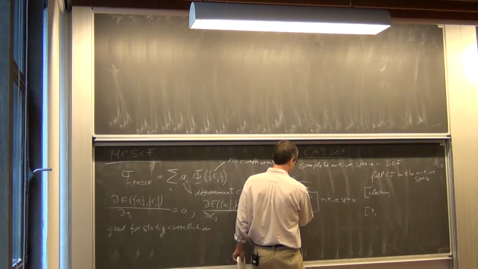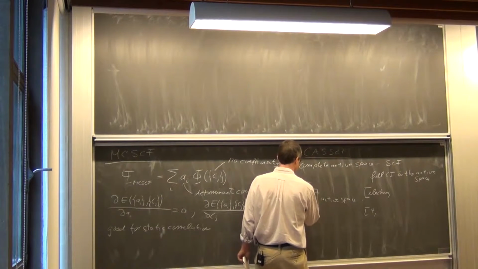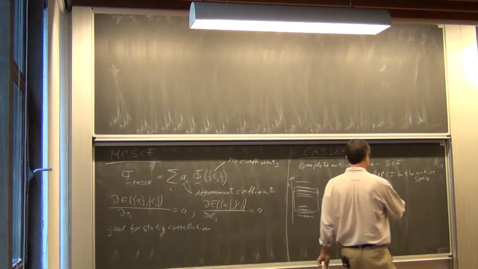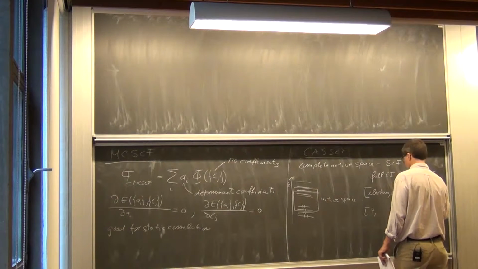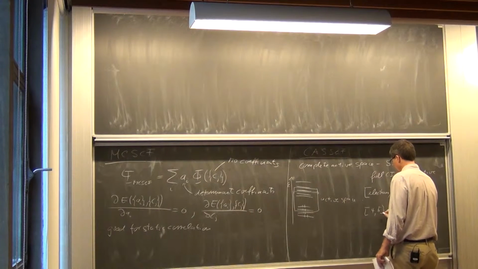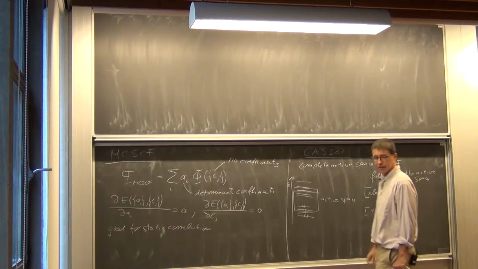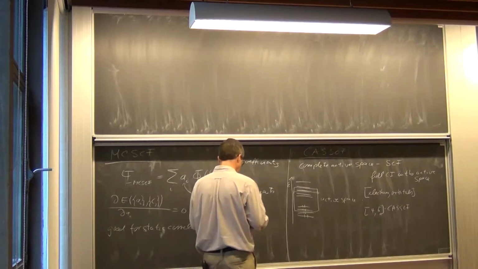And let's make it a bit more interesting example. Let's take 5 orbitals in the active space. So that's the number of orbitals in the active space. So that would be a 4 in 5 CASSCF calculation, for example.